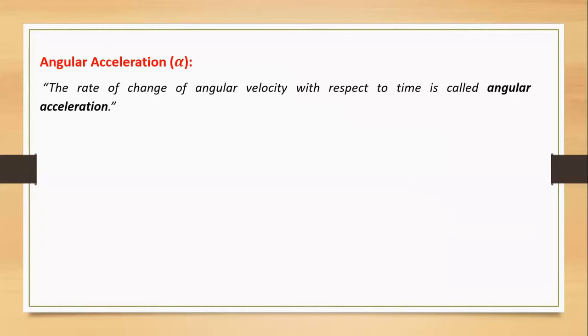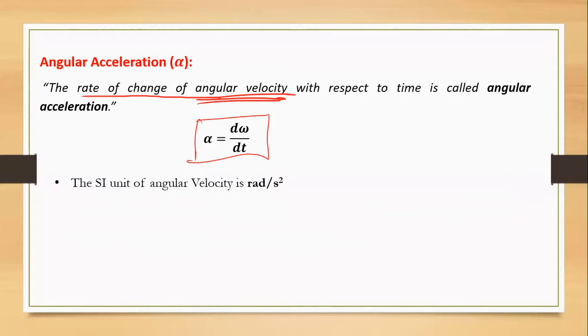The rate of change of angular velocity with respect to time is called angular acceleration. So this is the formula: d omega by dt, where omega is the angular velocity and dt is the time.